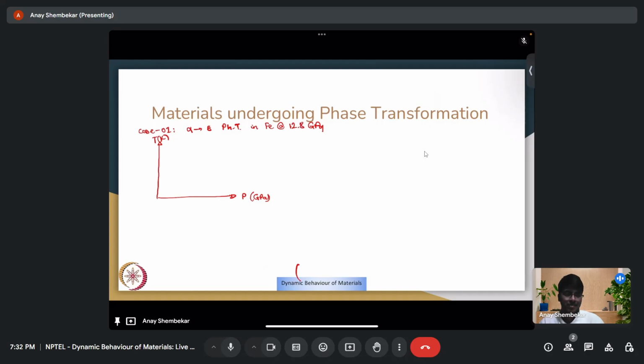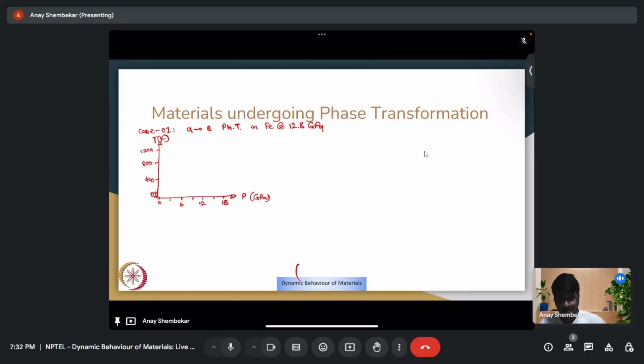So at different pressures and different temperatures, combinations of those two, how do we see our phases? Temperature starts at zero, this is 1200, and pressure again you have zero, and here you have 15 and so on.